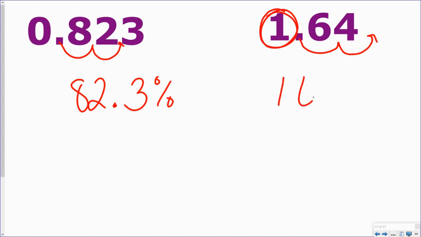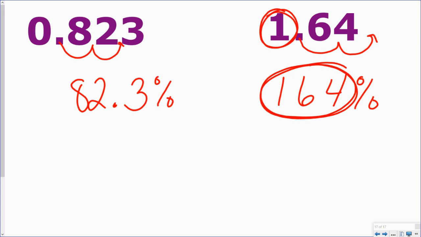So that gives me 164%. And again, this number is higher than 100 because I already have a whole number of 1 plus some extra. So that gives me, again, 164%.